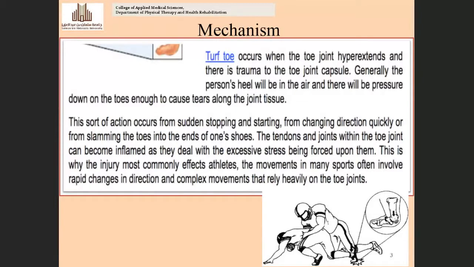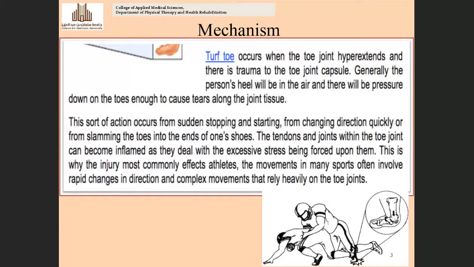When you look at the mechanism, how it happens, just see this picture. The player is going forward. He lands with hyperextension at the first metatarsophalangeal joint, right? You can see the whole force is passing through that particular joint, which may rupture the joint surfaces.